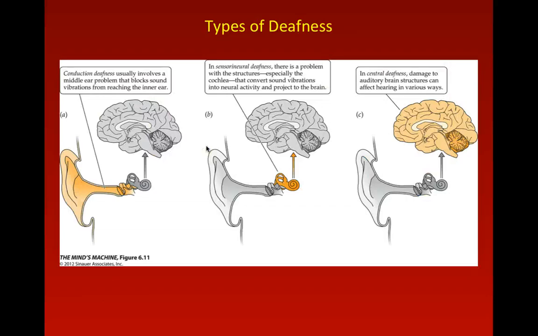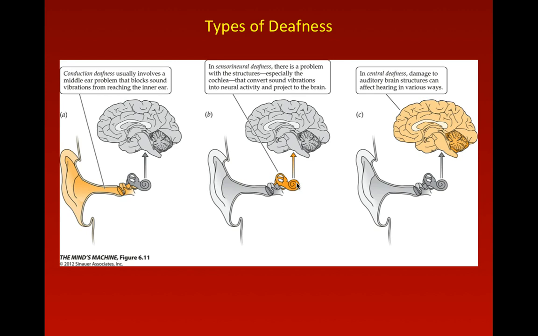So whenever we talk about hearing, we always want to talk about the lack of ability to hear, which is referred to as deafness. There's a number of different causes. The most common cause is what's known as sensory neural deafness, and it's usually a problem in the cochlea with the basilar membrane.